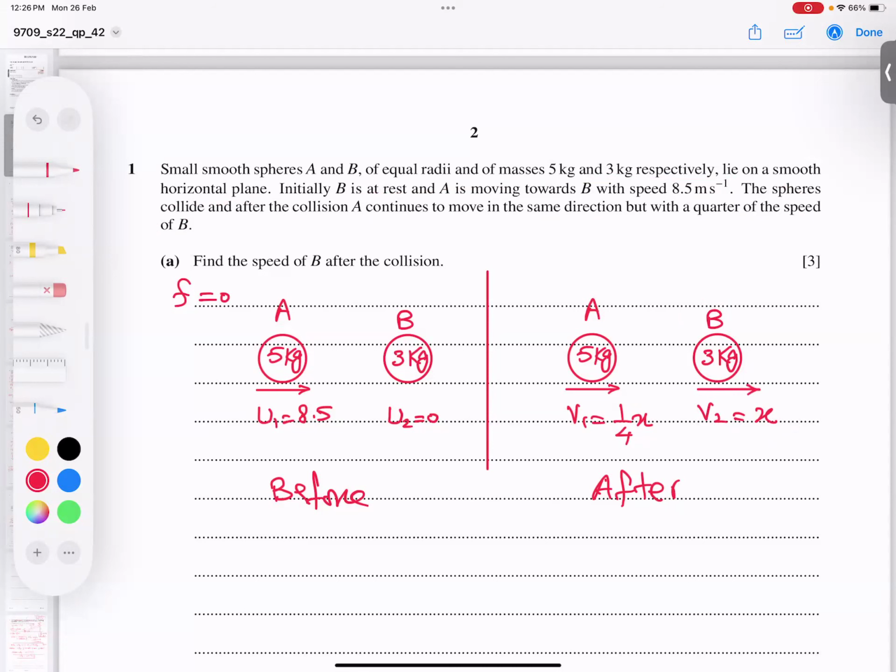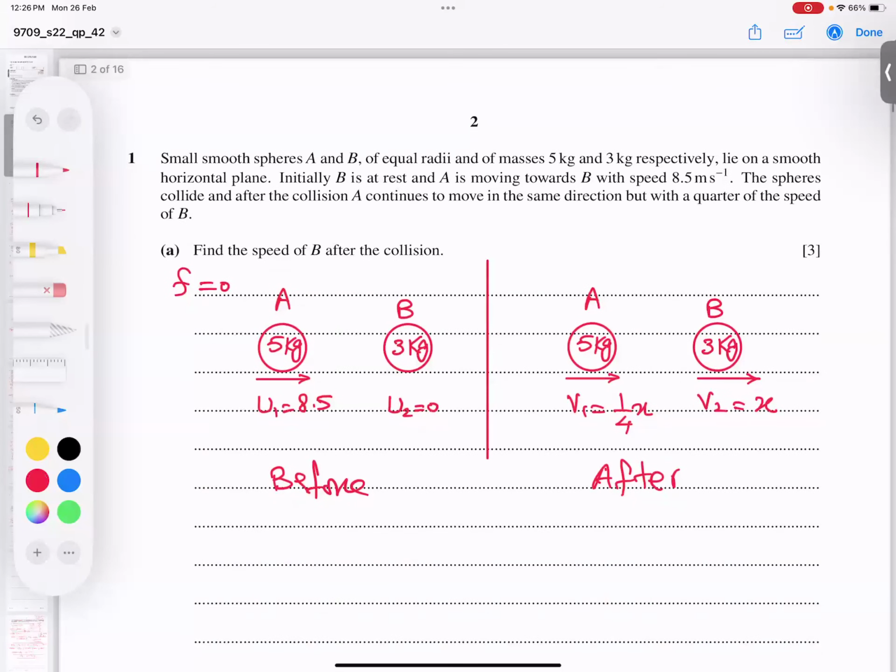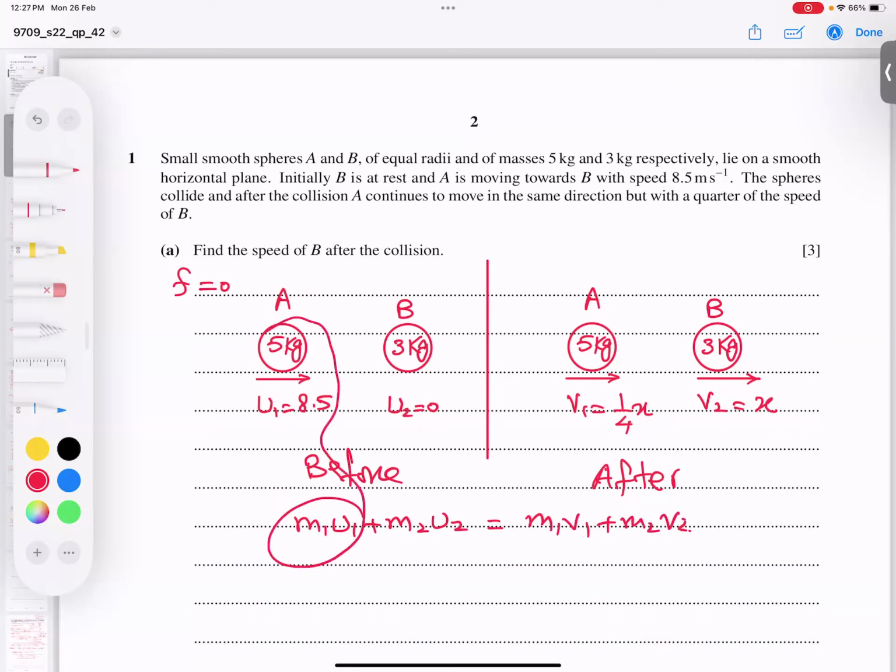Now this is very clear, and I can simply write the formula: M1 U1 plus M2 U2 is equal to M1 V1 plus M2 V2. M1 U1 is very clear: multiply 8.5 times 5, or write in any order, no problem at all.